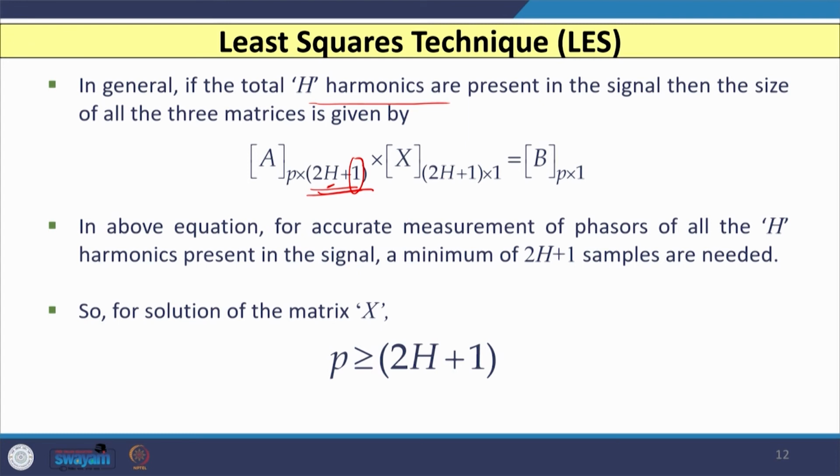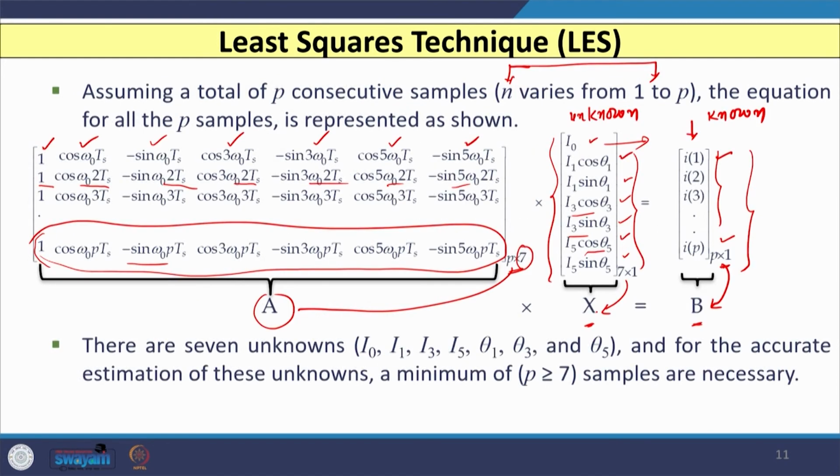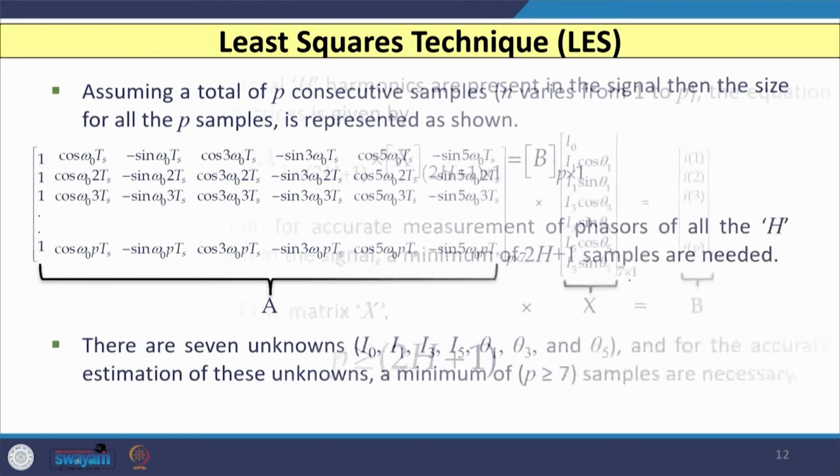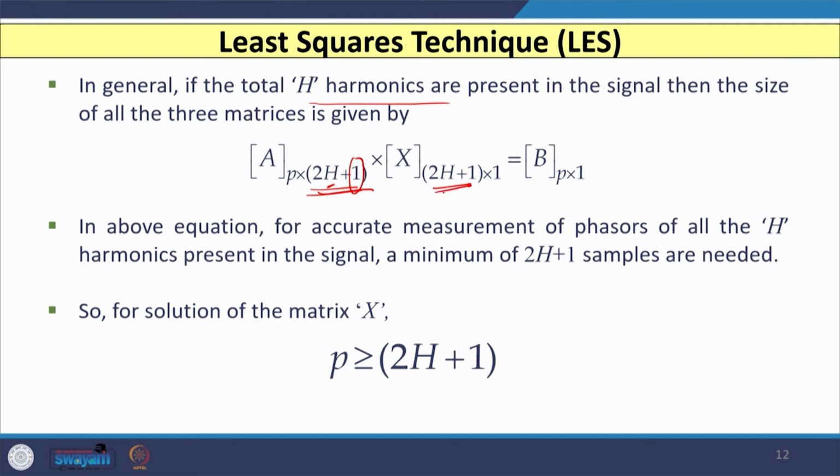Similarly, the size of the X matrix you can see here, that is the unknowns, 7 cross 1. So, 7 I am replacing again with 2h plus 1, and in the same way we have the B matrix, that is p cross 1. Now, in the above equation you can see that for accurate measurement of phasors of all the harmonics present in the acquired signal, we need a minimum of 2h plus 1 samples.